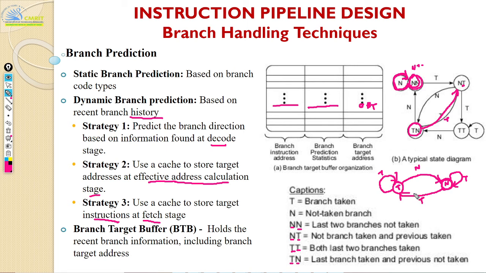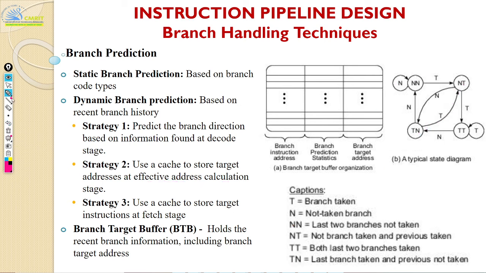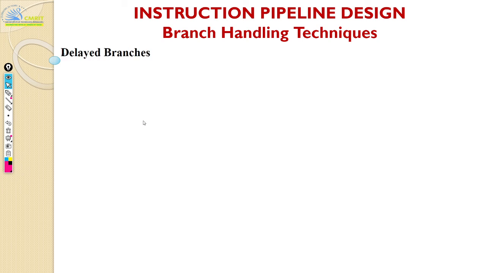Basically, you come up with a strategy to predict my next branch target, and then say whether the branch is going to be taken or not taken. Clear? Everyone clear? Is it clear, guys? If not, there's no issue, then we'll go to the next one.